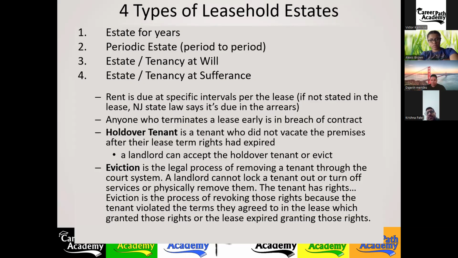A landlord cannot lock out a tenant or turn off their services or physically remove them or their belongings. The tenant does have rights. And eviction is the process of revoking those rights because the tenant violated the terms they agreed to in the lease, which granted those rights, or the lease expired.